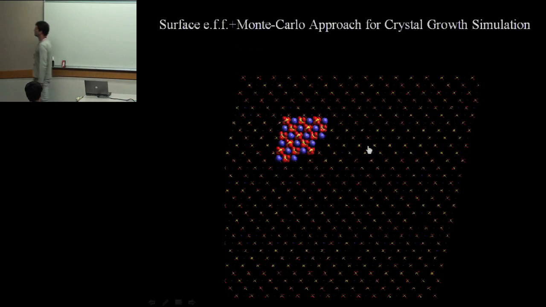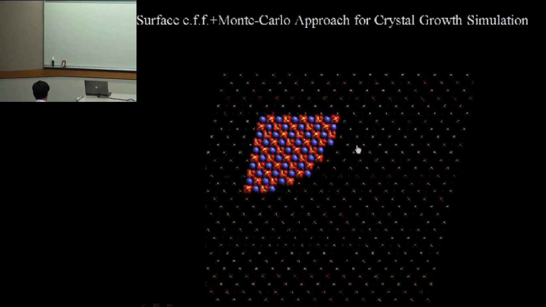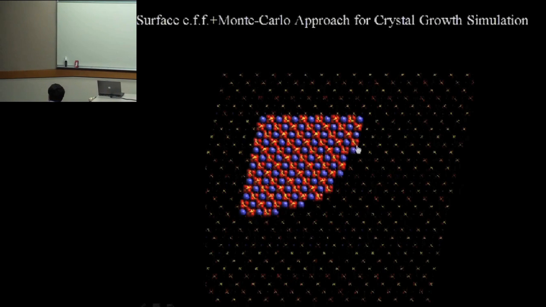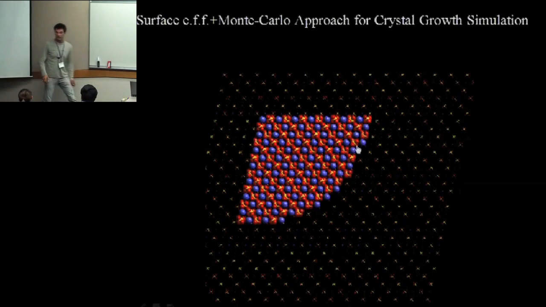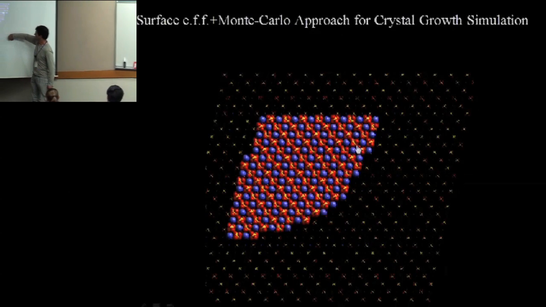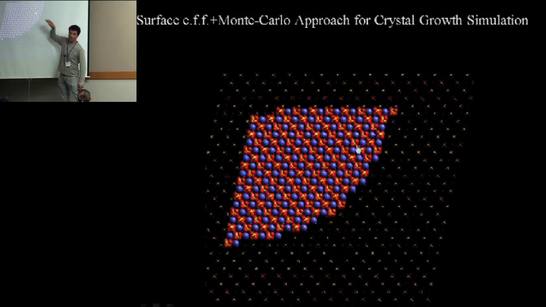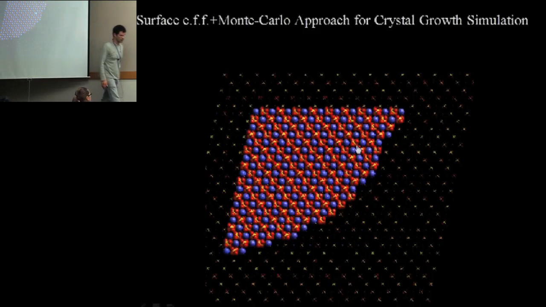And then what we see is that it starts adding to this, and only occasionally it starts growing a row in the other direction, which is energetically less favorable, which explains why it grows about 10 times faster in this direction. And in the other direction, on the next layer up, it would grow in the other direction for symmetry reasons.